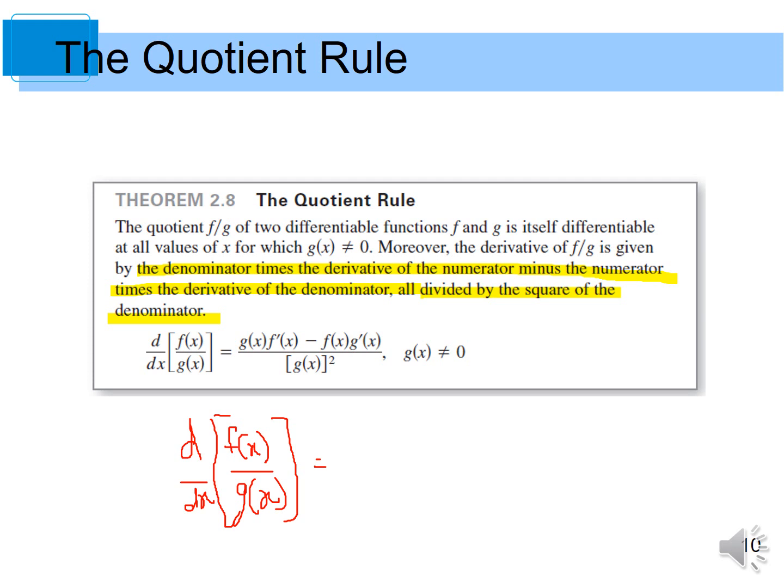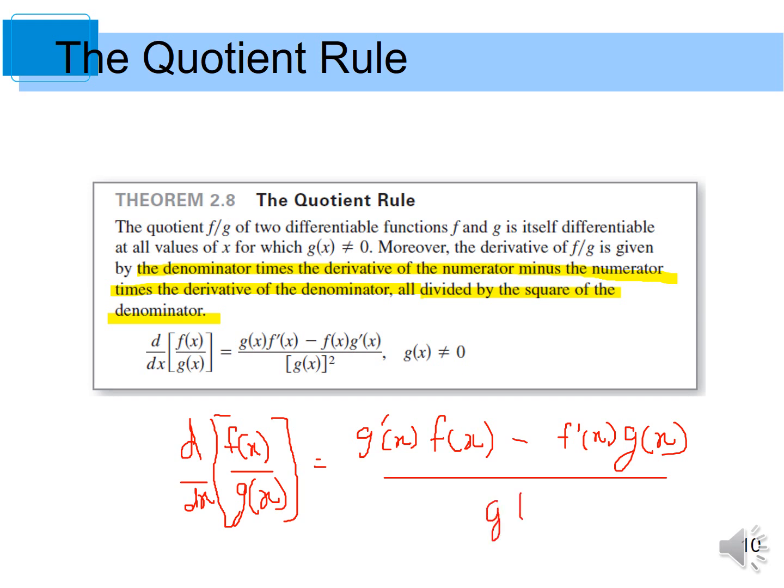It's not differentiate the second function and then multiply the first function, minus differentiate the first function multiply the second function, and divided by g(x) squared. This is a wrong formula.